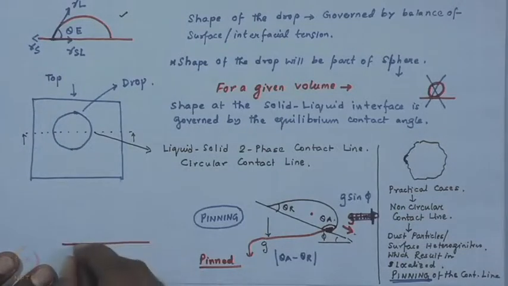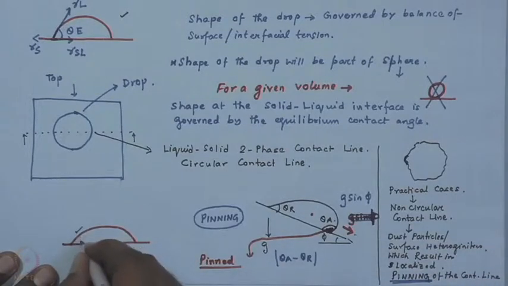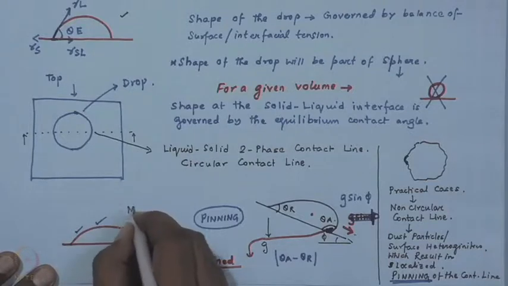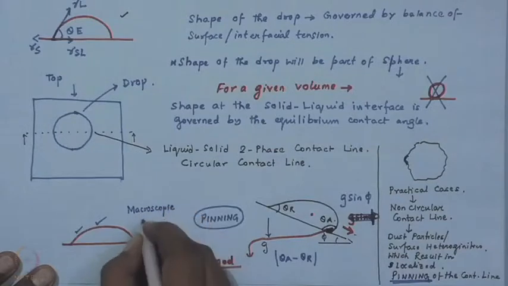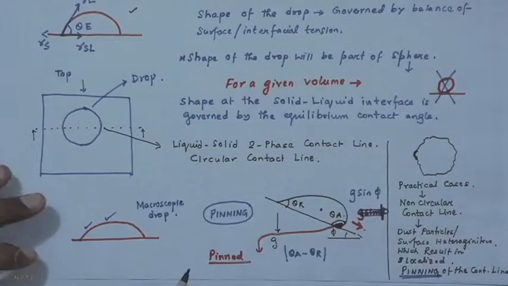Because one has to understand that if one is looking at a geometry like this, the interfacial interaction, let us say over here, and this is a macroscopic drop, nothing like 10 nanometer, 20 nanometer, nothing like that.